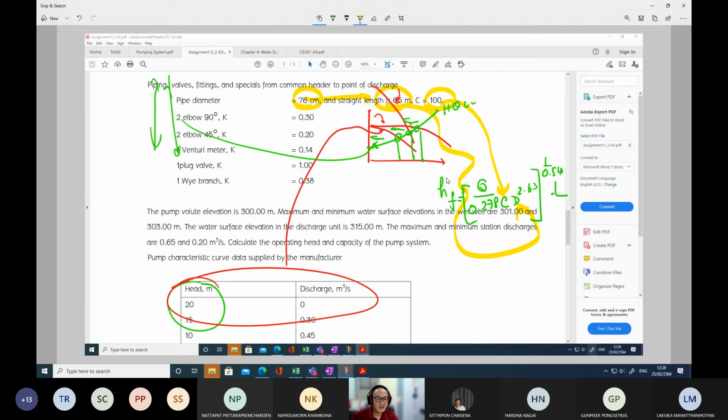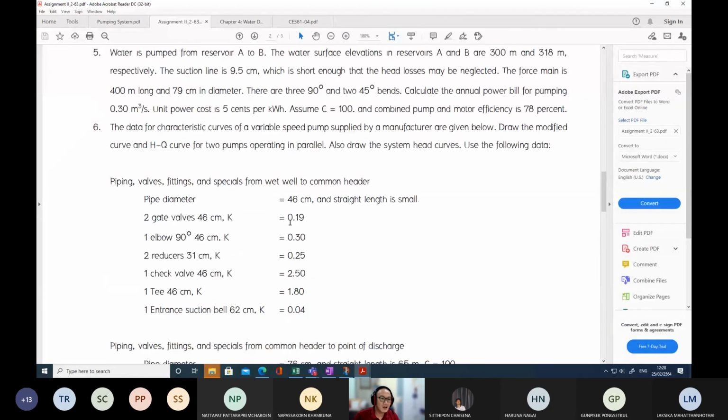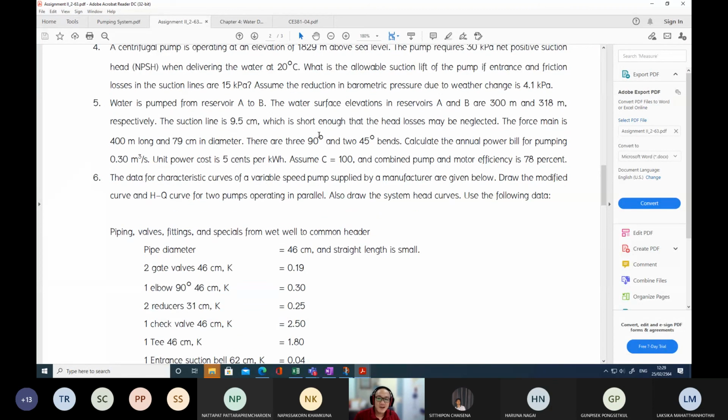This question is interesting. It's a big question, question number 6. Sometimes I also ask you to calculate the annual power billing for a pumping rate like this, where the unit cost of power is 5 cents per kilowatt-hour. Assume the combined pump and motor efficiency is 78%.